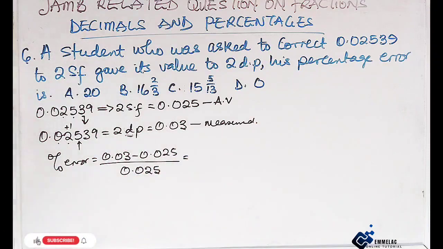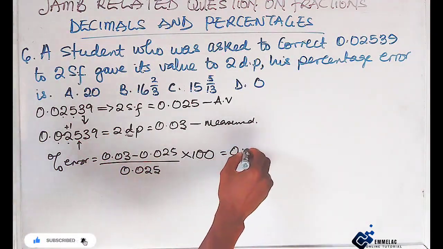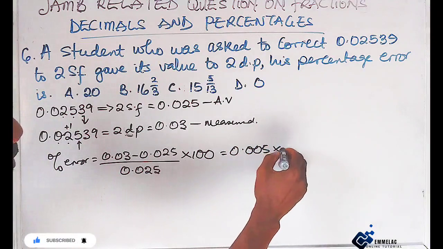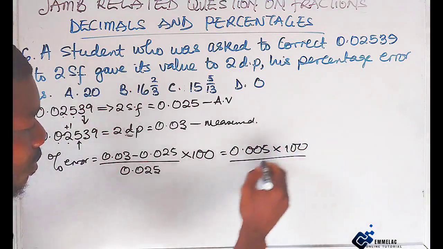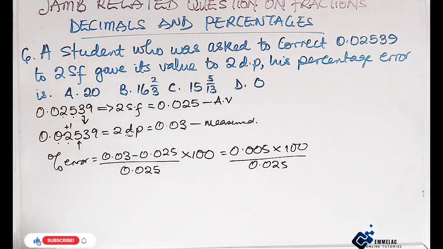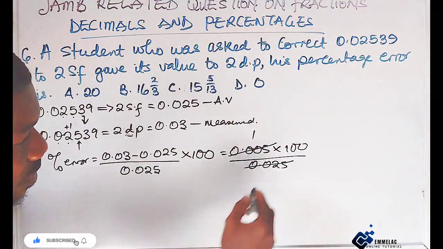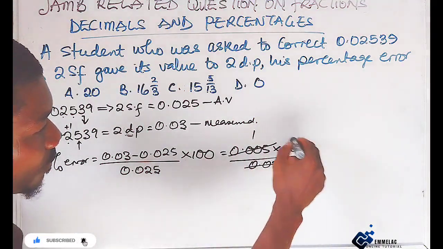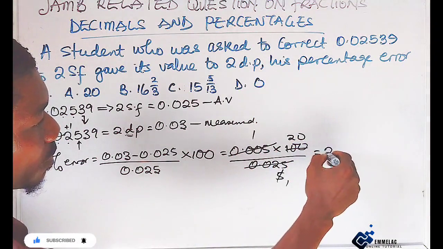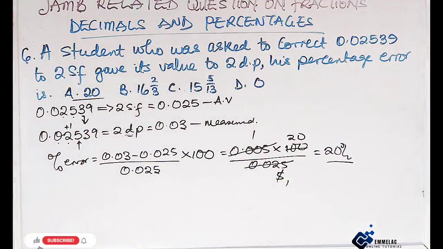All right, now when we punch our calculator here, it'll be 0.005 times 100 all over 0.025. Okay, so the whole of this here 1, the whole of this here should be 5, here 1, 5 here 20. So here we have 20%, which is what? Option A. All right, let's move to number 7.